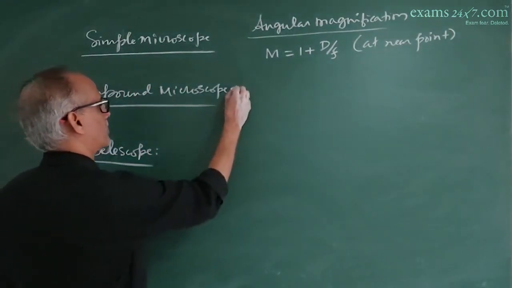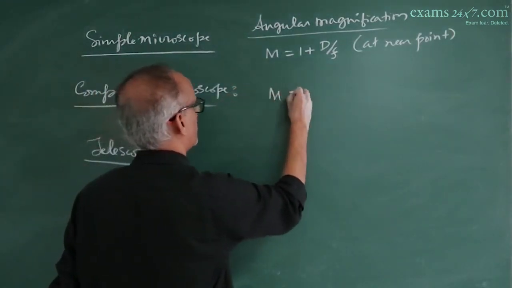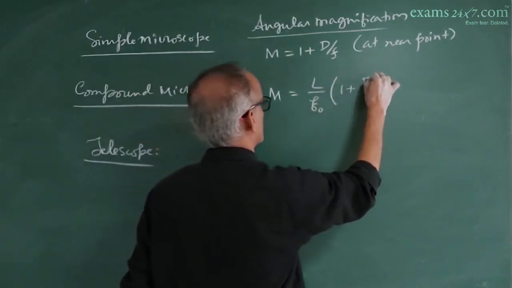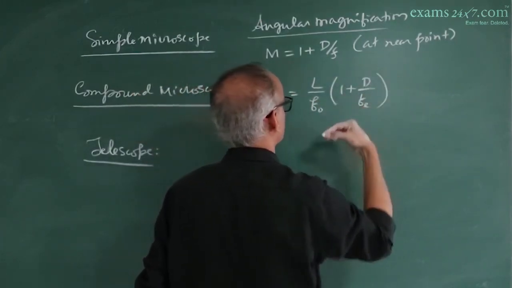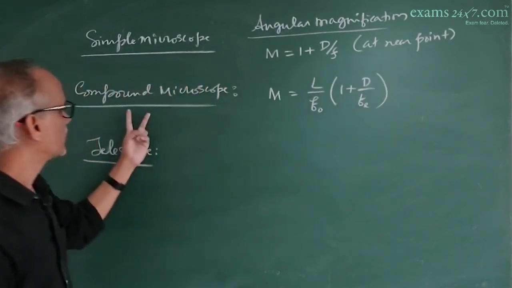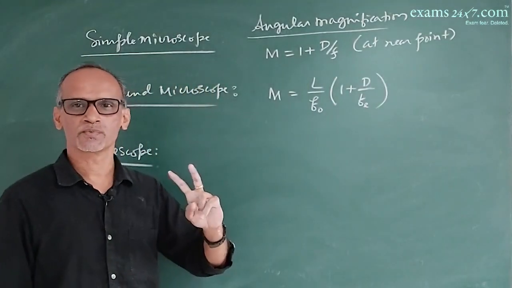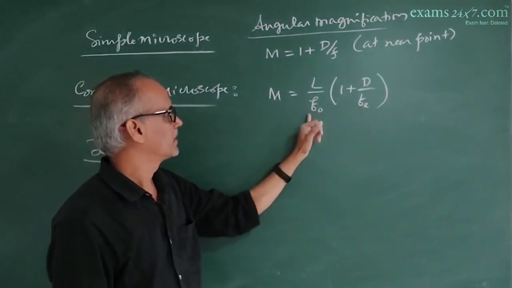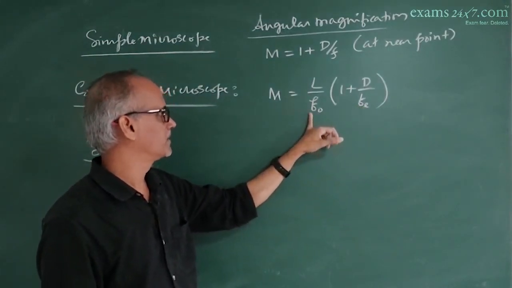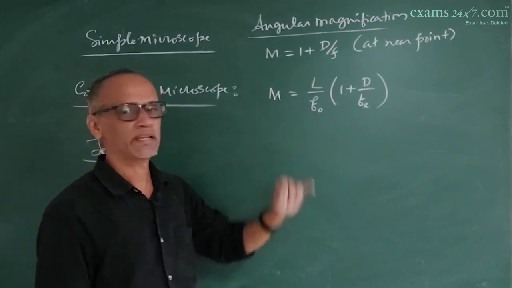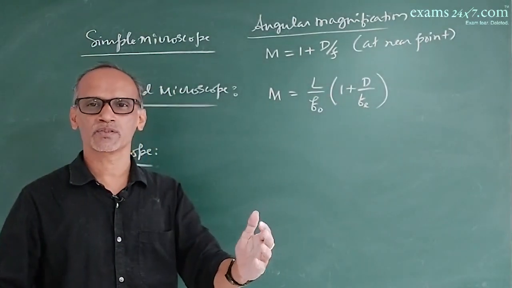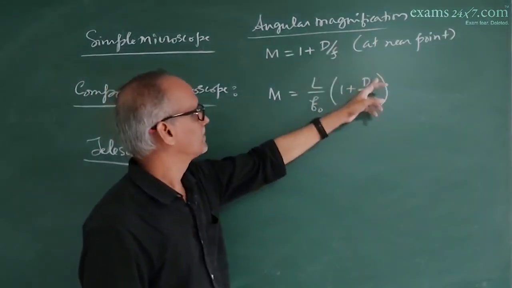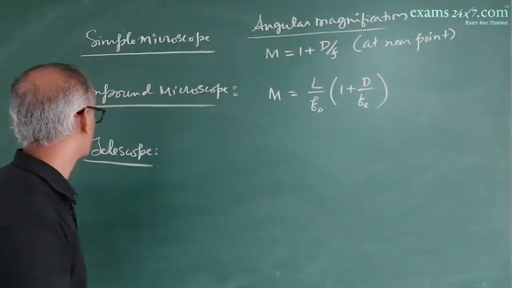In the case of a compound microscope, m is given by L by f naught into 1 plus d by fe. Because in a compound microscope, there are two lenses. One is the objective lens and the other is the eyepiece. Fe is the focal length of the eyepiece and Fo is the focal length of the objective lens, and L is the length of the microscope, which is basically the distance between the two lenses, and capital D is the same, which is 25 centimeter.